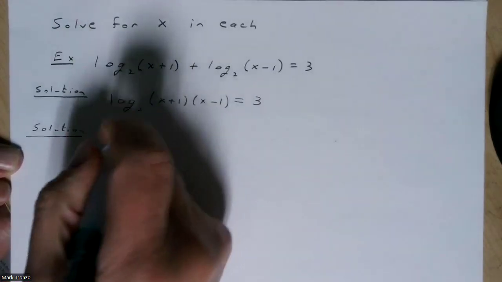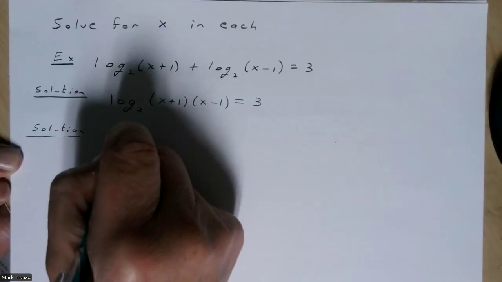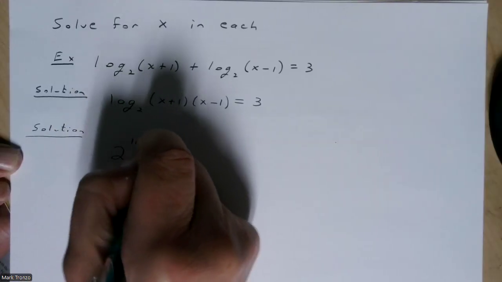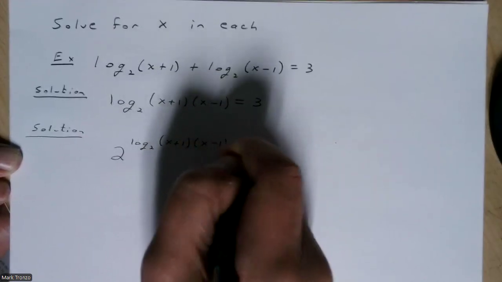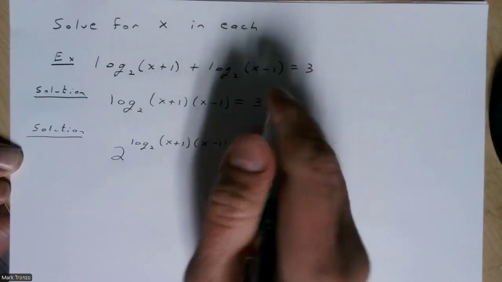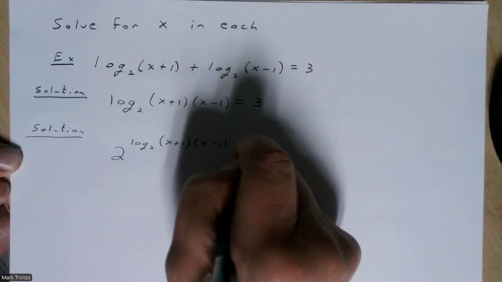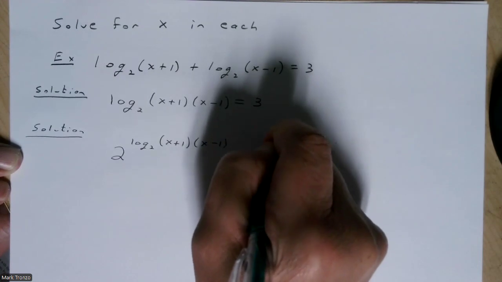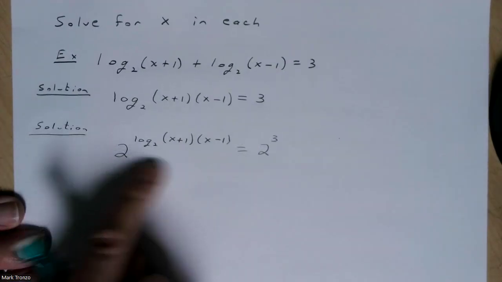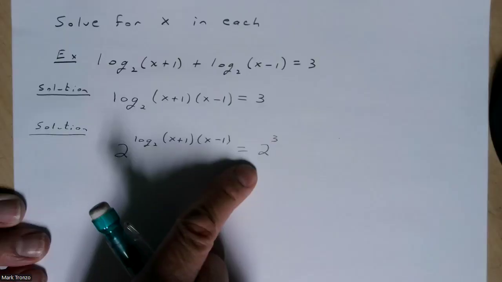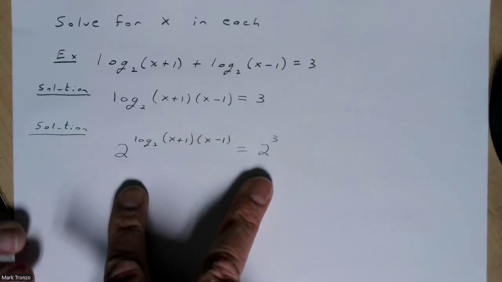I'm going to put 2 under each of these, so I'm doing the same thing to both sides. See what I did? I raised 2 to the power here, on the left-hand side and the same thing over here.